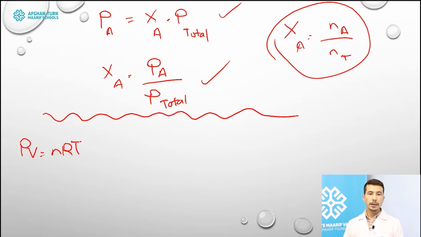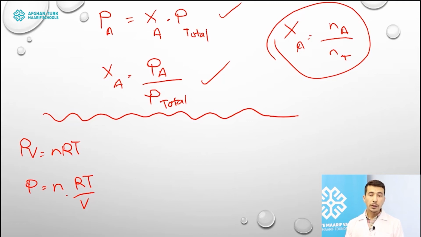So R, T and V, the ideal gas constant, temperature and volume, are constant here. Only the variables are pressure and number of moles. So we can change the shape like this: P is equal to nRT by V. We divided both sides of the equation by V.